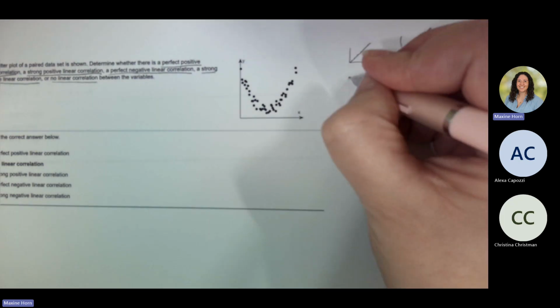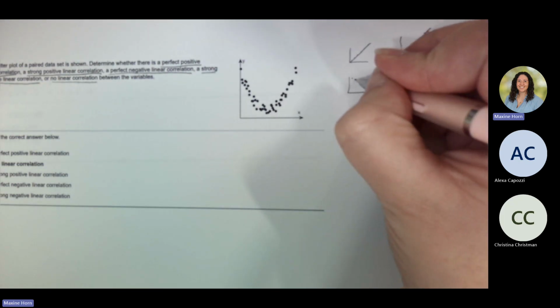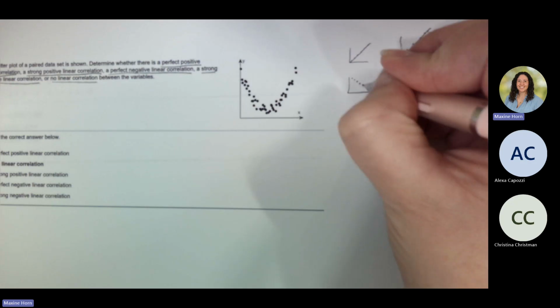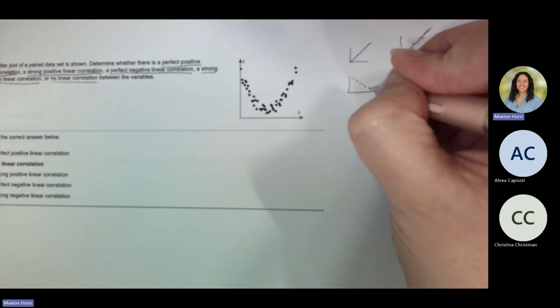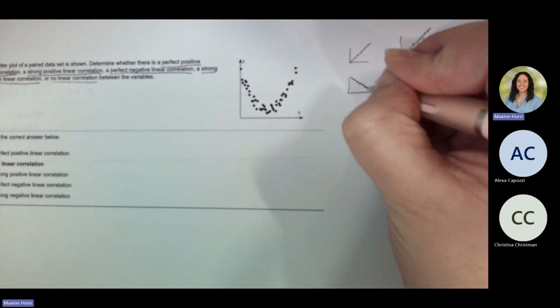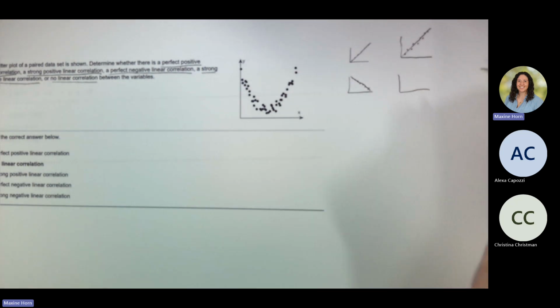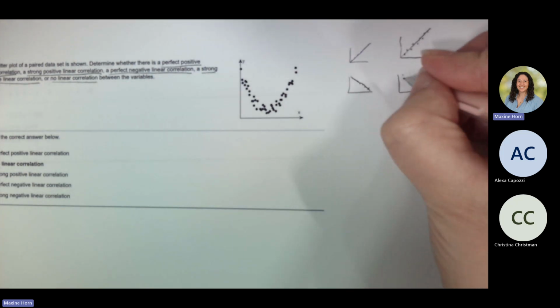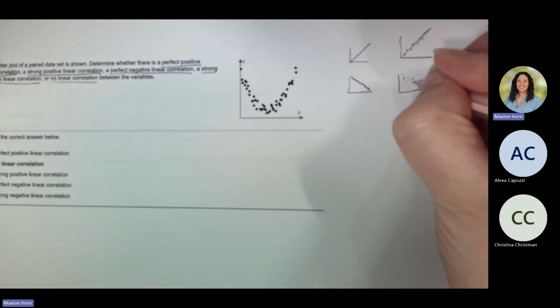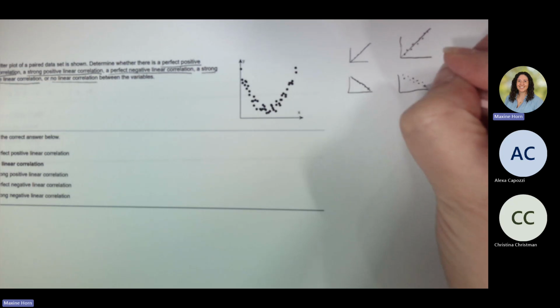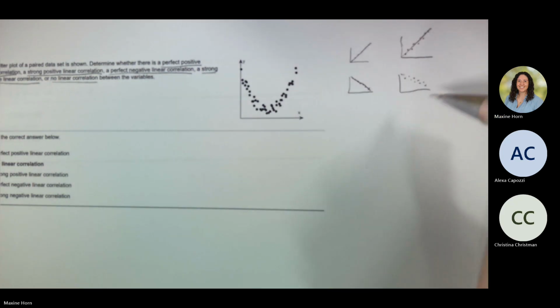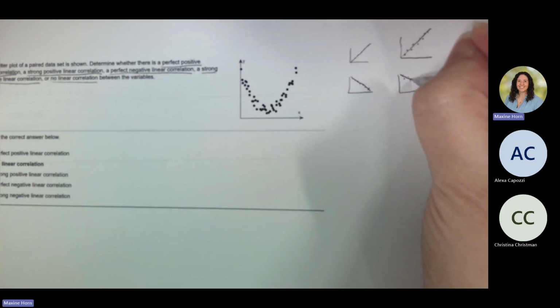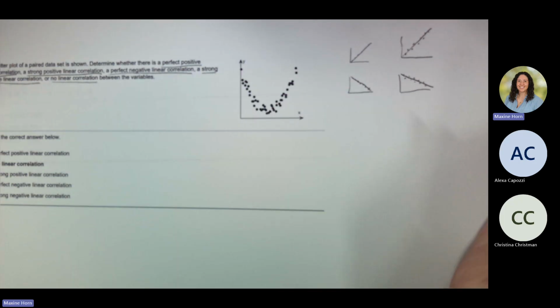A perfect negative correlation would be, again, they're all straight in a line. A really strong negative correlation is, okay, they're not exact, but they're super strong negative correlation. Okay.